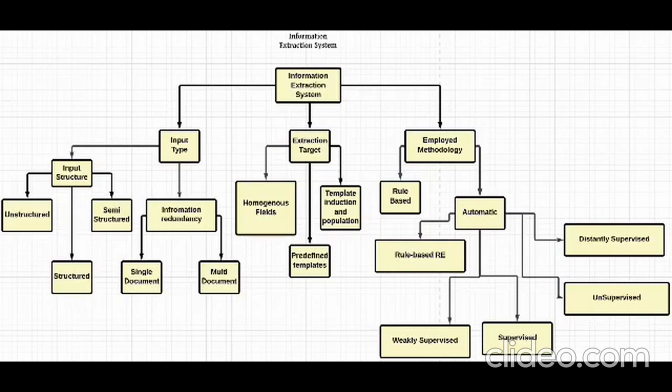Relation extraction is the task of extracting semantic relationships from text, which usually occur between two or more entities. These relations can be of different types. Information extraction is the field of extracting structured information from natural language text.